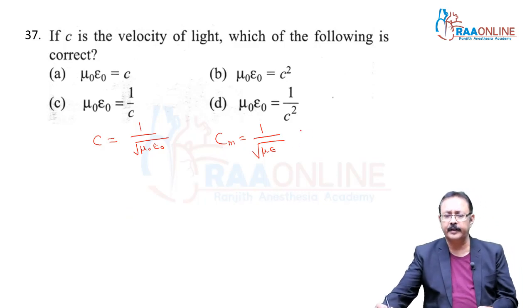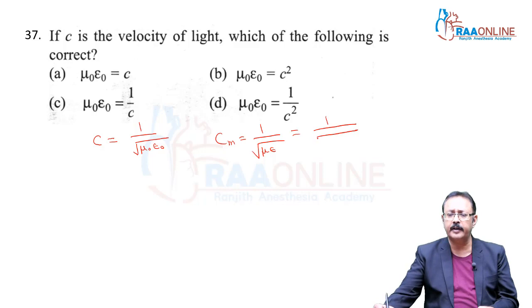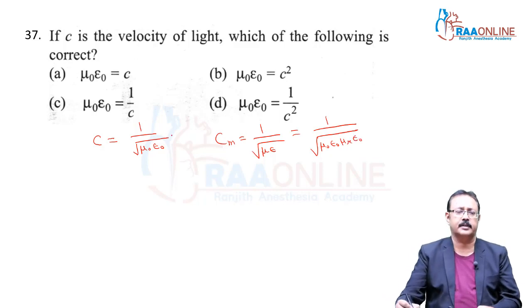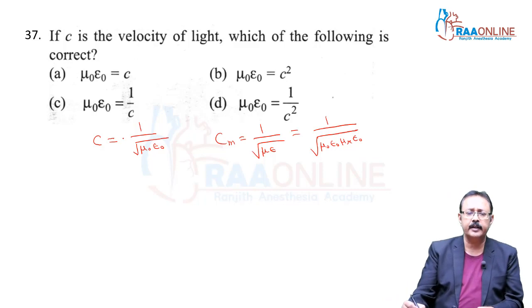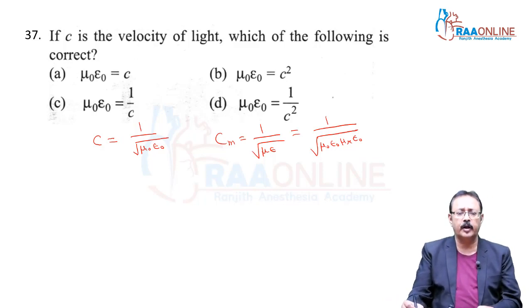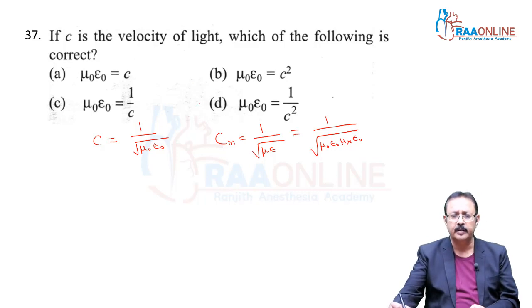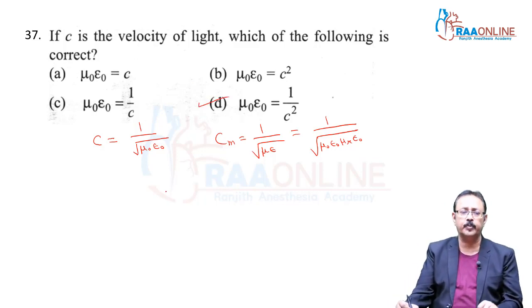Or if you know the relative permeability and permittivity, you can write it as 1 upon under root mu naught epsilon naught mu r epsilon r. So these are very important results. So if it is C, C square should be 1 upon mu naught epsilon naught. So mu naught epsilon naught means 1 upon C square. So we will go with option D.